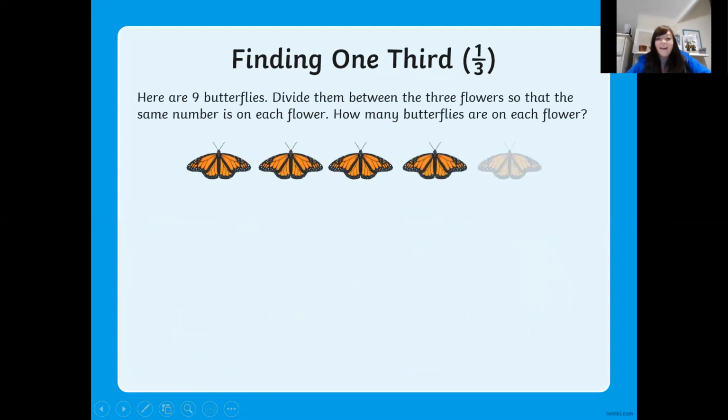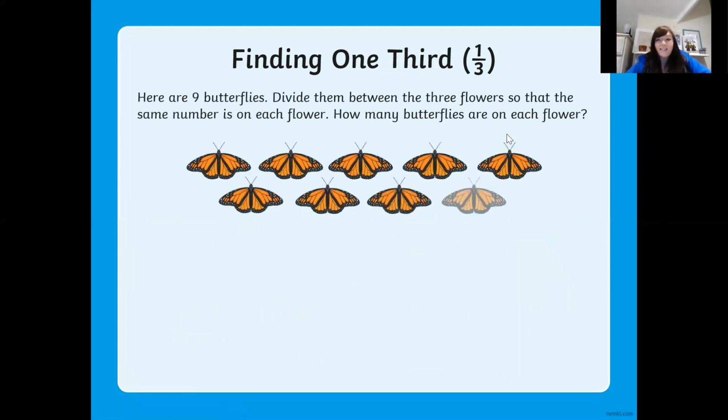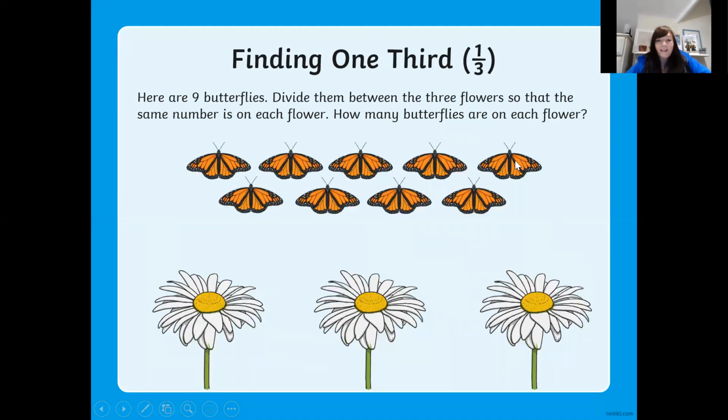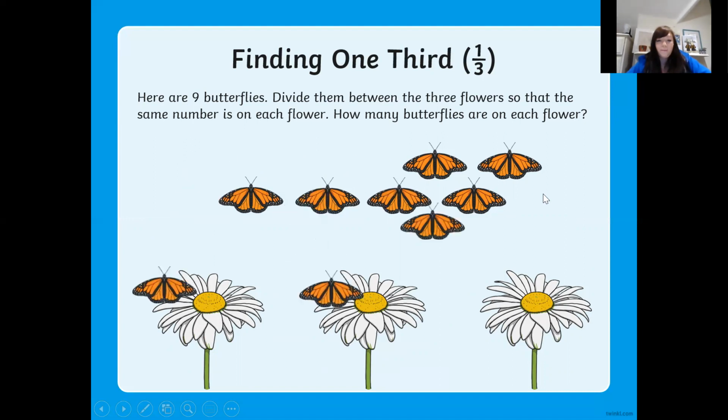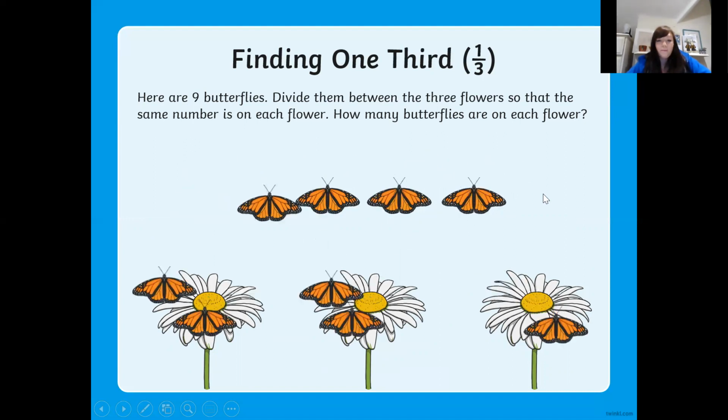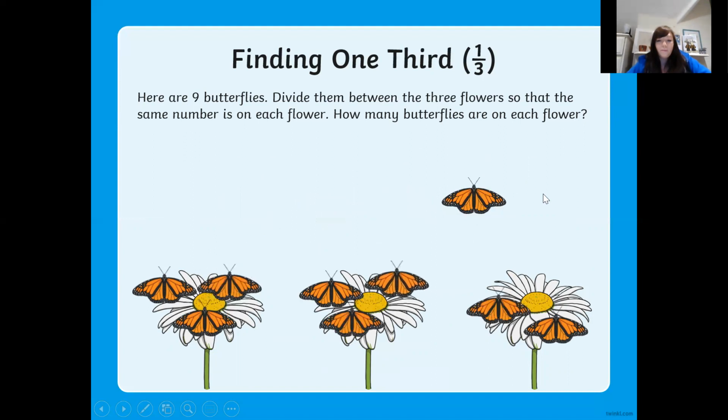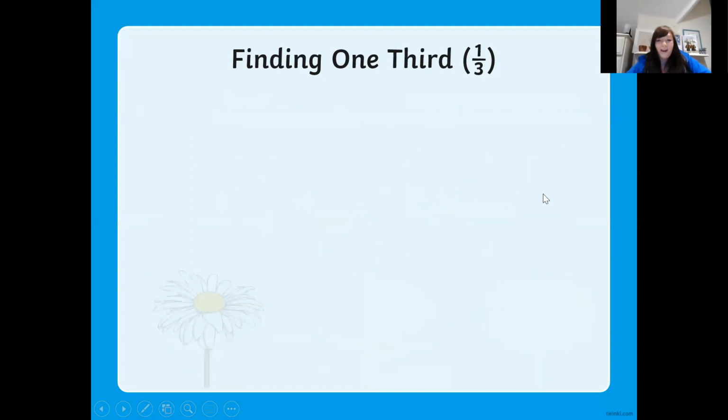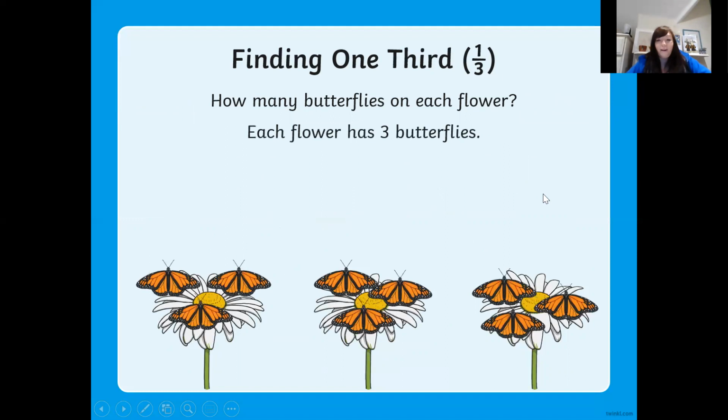Okay, here are 9 butterflies, and we need to divide them by 3 to find out how many is 1/3. Okay, so each flower has 3 butterflies. 1/3 of 9 is 3. Here it's written as a fraction.